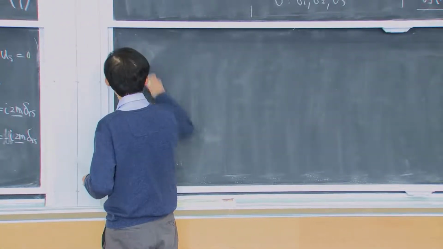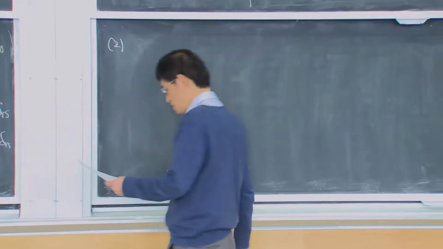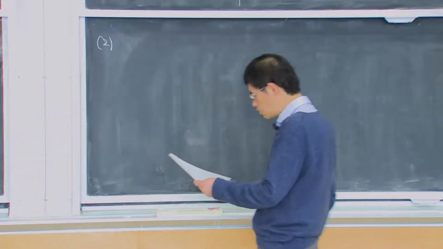So the second limit we can consider is the ultra-relativistic limit.